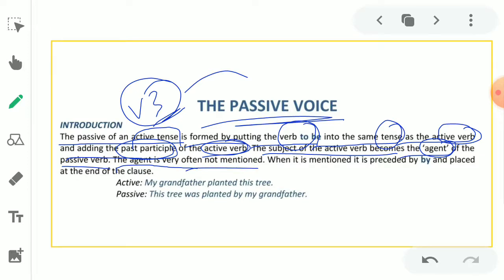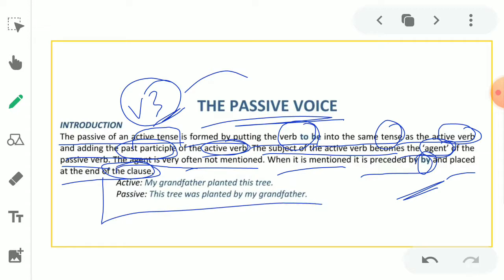In most sentences we don't write the agent at the end of the passive form. When it is mentioned, it is preceded by the preposition by and placed at the end of the clause.